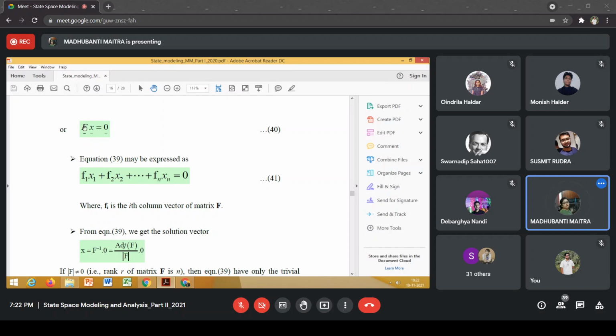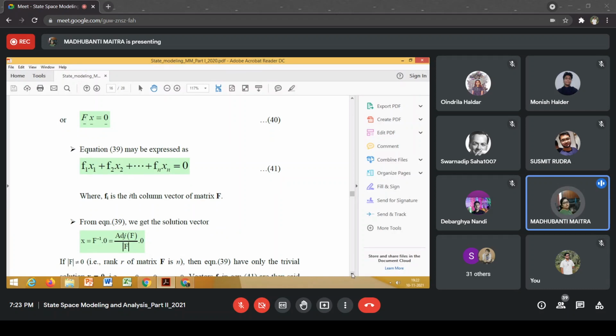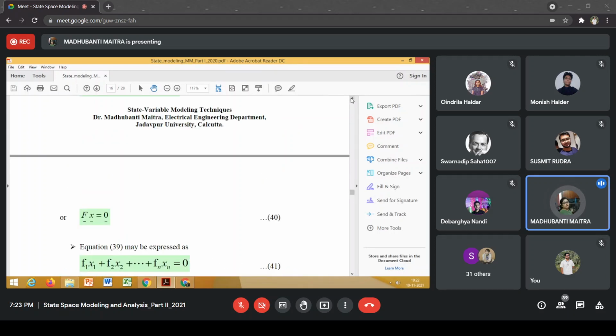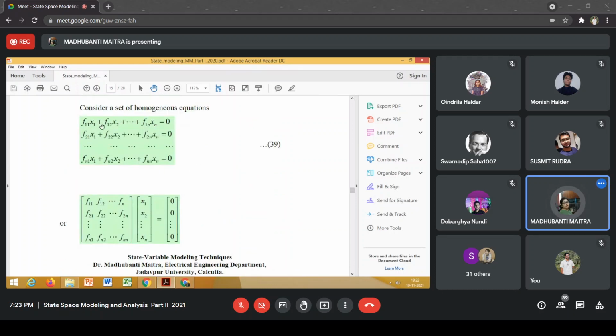Right? So again, let's look at this equation. Our objective is to find out the solution of this equation. So the solution x will be equal to F inverse into 0. Here the variables are x1, x2, xn, right?